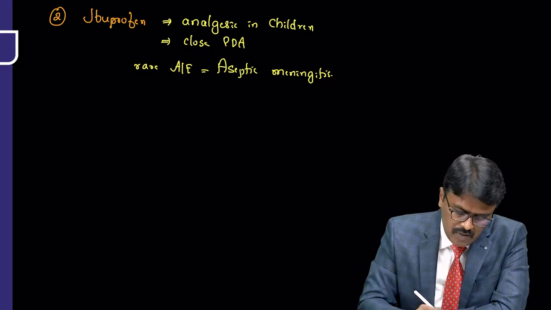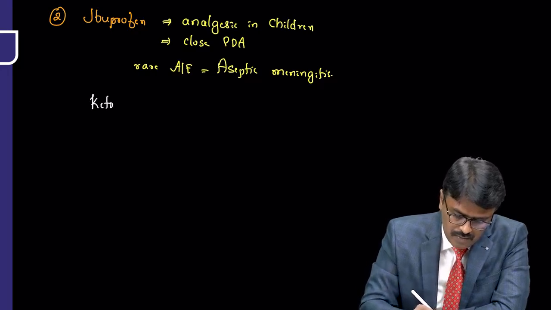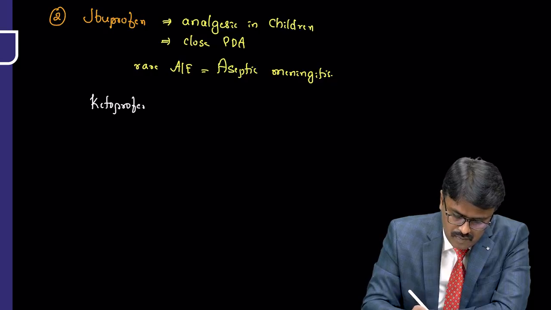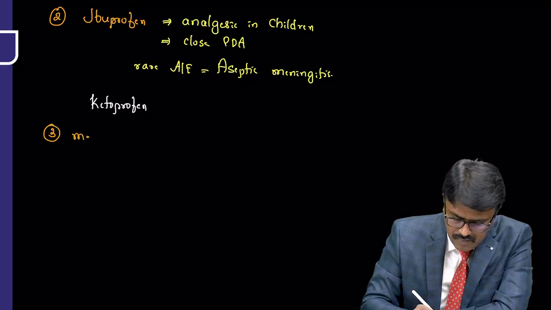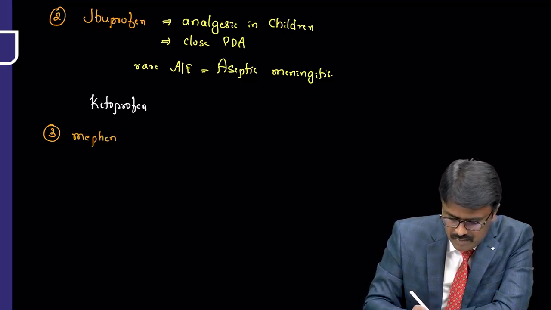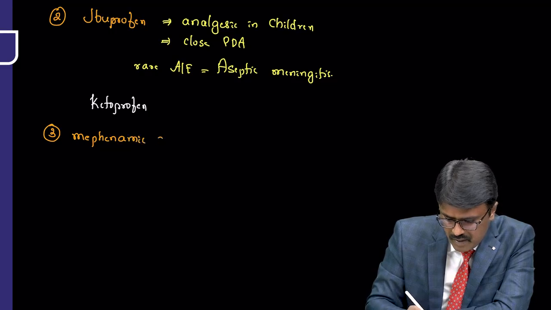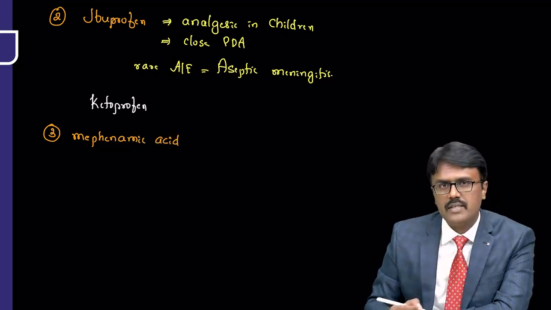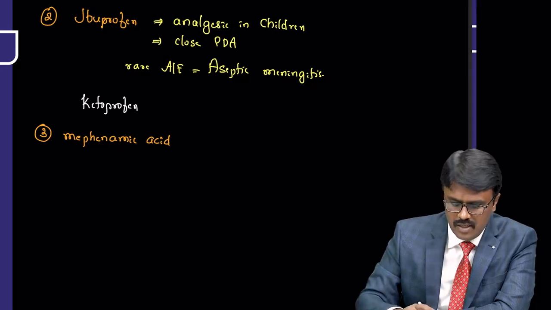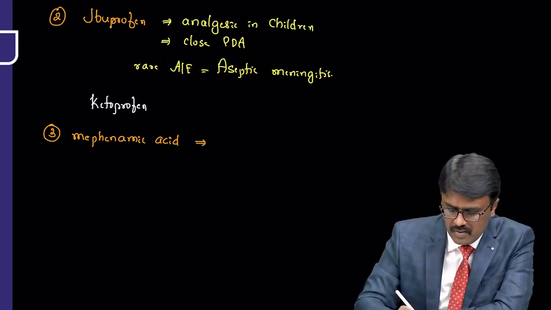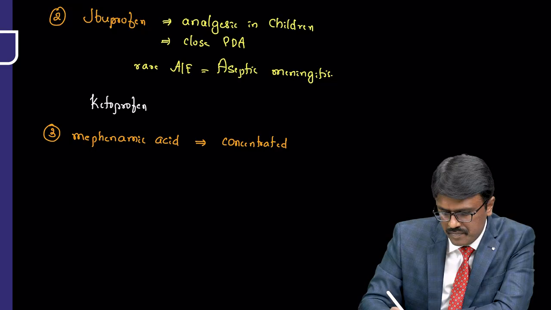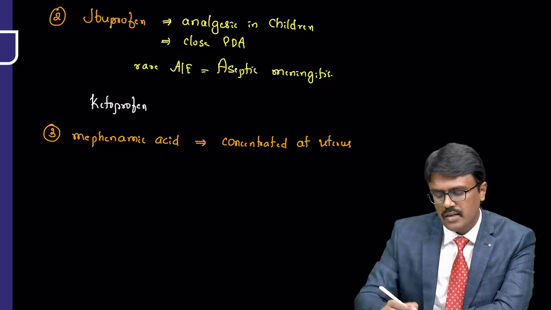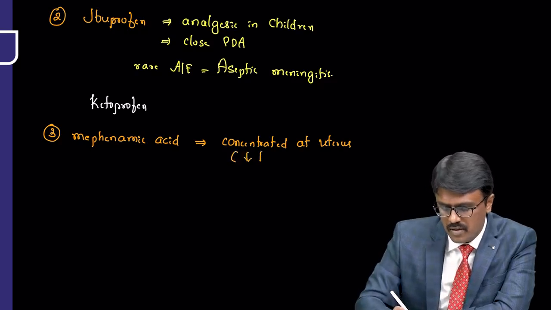Similar to ibuprofen, we have ketoprofen. Then the third drug is mefenamic acid. The advantage of mefenamic acid is that it gets concentrated at the uterus, and it decreases the prostaglandin activity in the uterus.